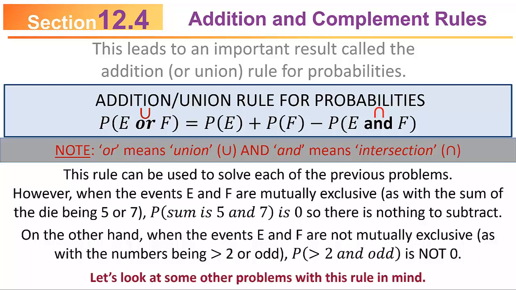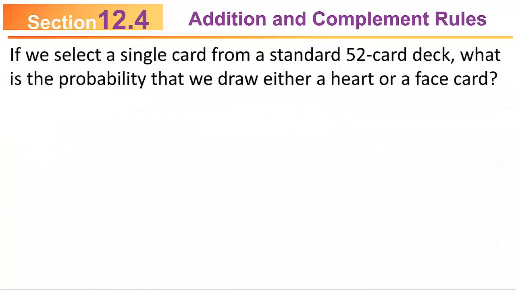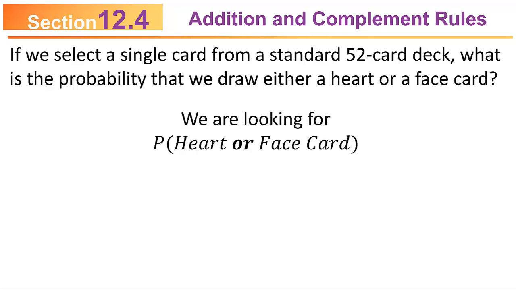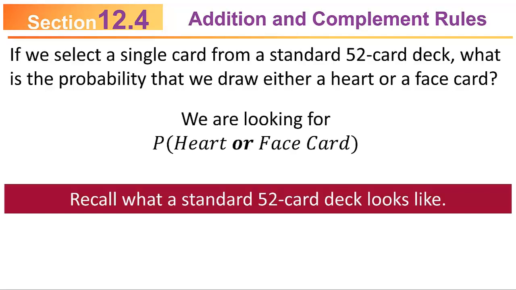Now let's look at some problems where we might want to think about it in terms of using this formula. If we select a single card from a standard 52 card deck, what is the probability that we draw either a heart or a face card? So the probability of a heart or a face card. Recall what this standard 52 card deck looks like.